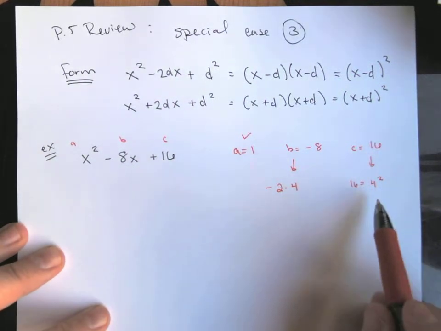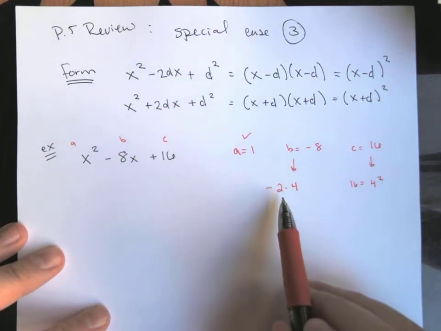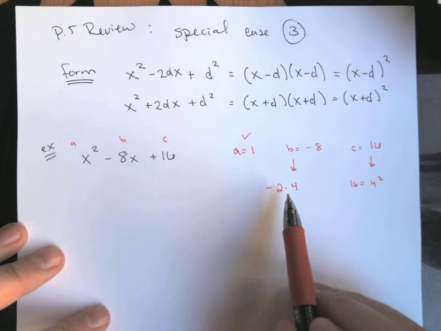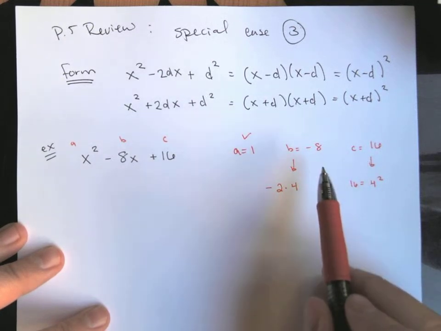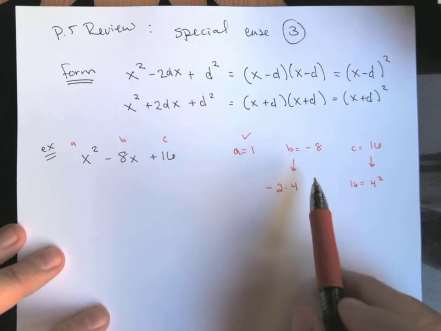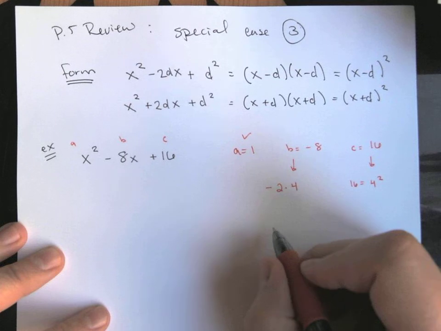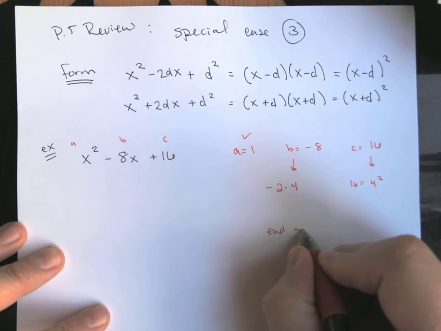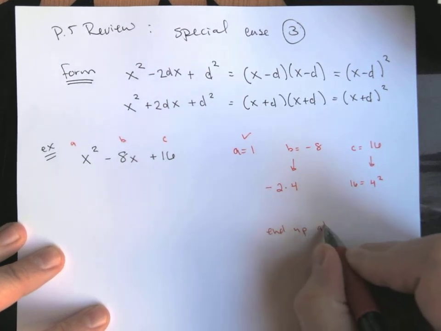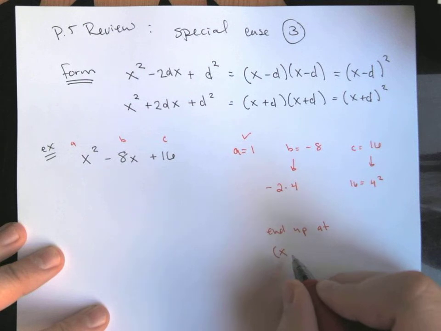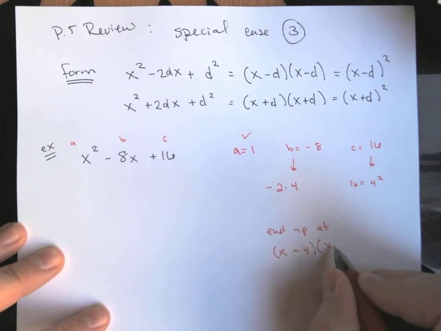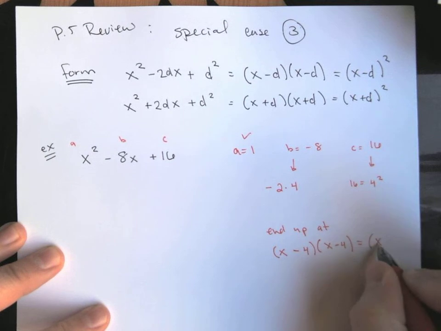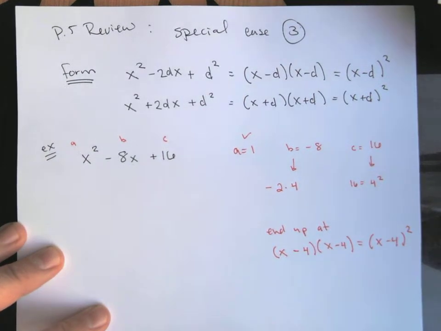So 16 is 4 squared, and then I have the minus version of doubled 4, 2 times 4. So we're distinguishing between a squared number and just doubling the number, squaring it versus multiplying by 2. So in theory, this should be x minus 4 times x minus 4, which you could call x minus 4 quantity squared.